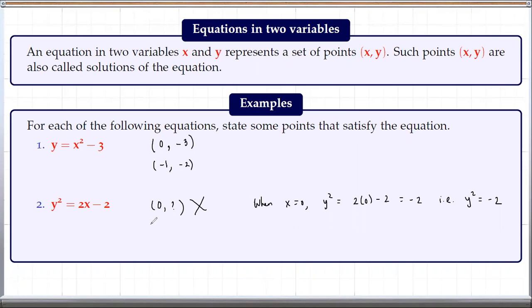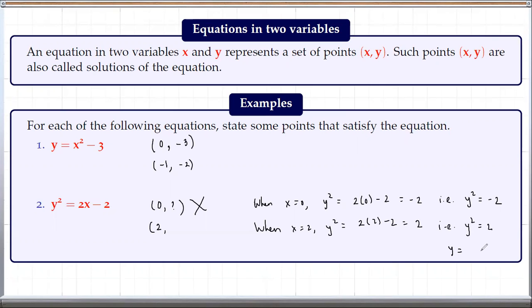Next, let's try x equals 2. So when x is 2, we have y squared equals 2 times 2 minus 2, which is 2. 4 minus 2 is 2. So we have y squared equals 2.